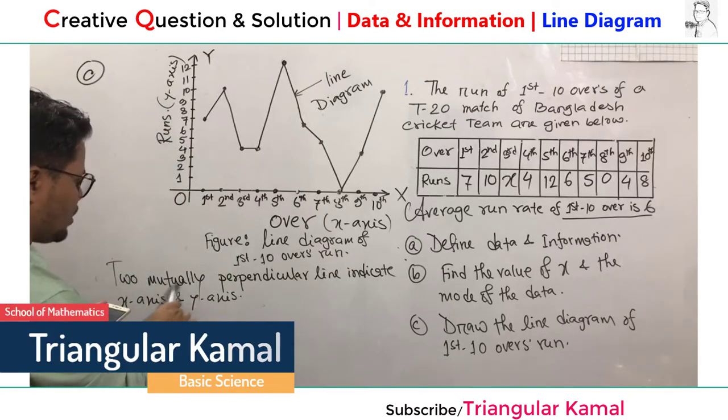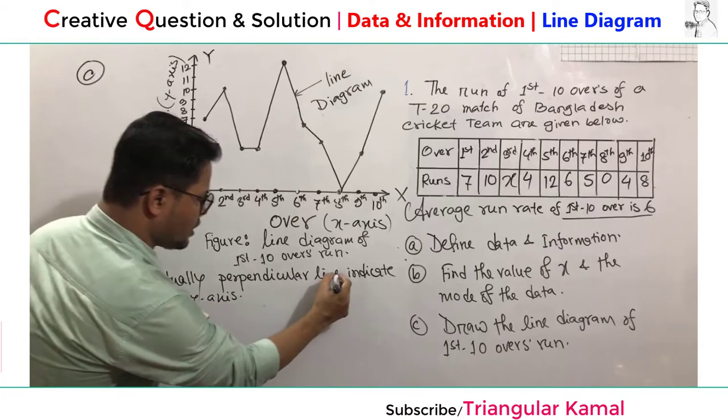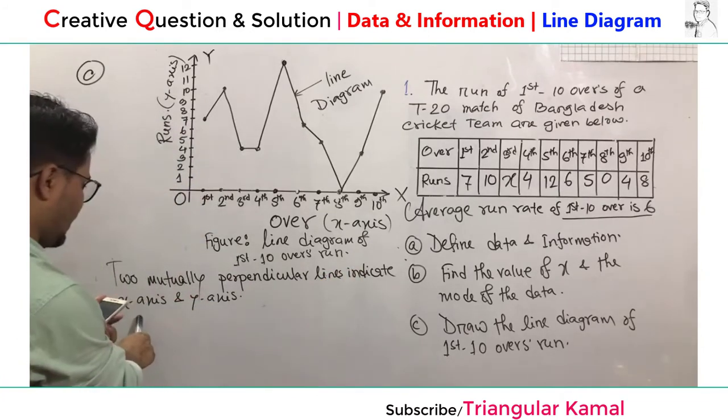Two mutually perpendicular lines indicate the x-axis and y-axis.